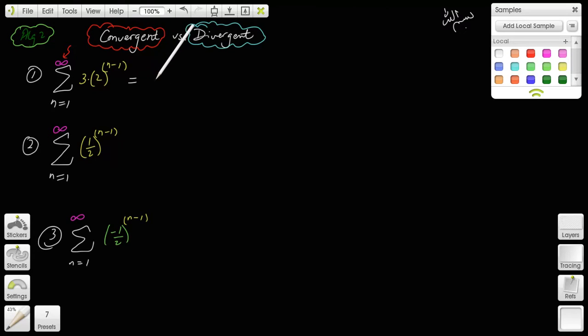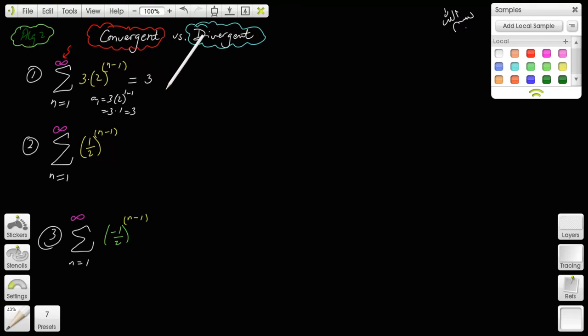So let's write out the first few terms of this one. The first term, a sub 1, is going to be 3 times 2 to the power of 1 minus 1, since n is 1. That is 3 times 2 to the power of 0, which is 1, so that is 3.